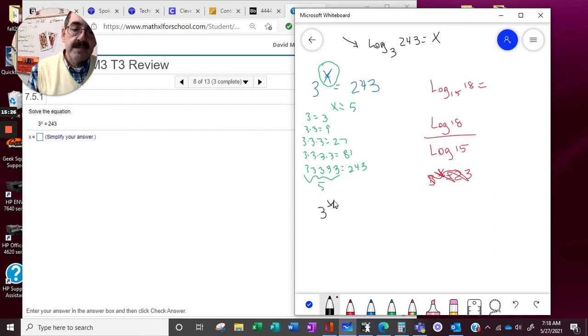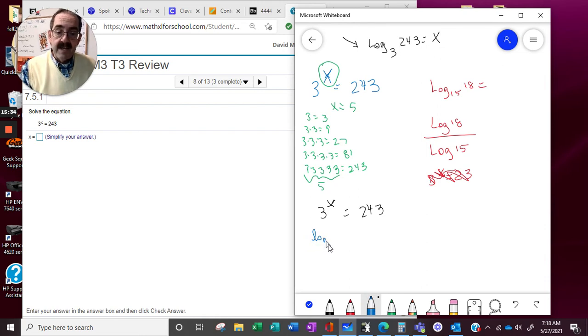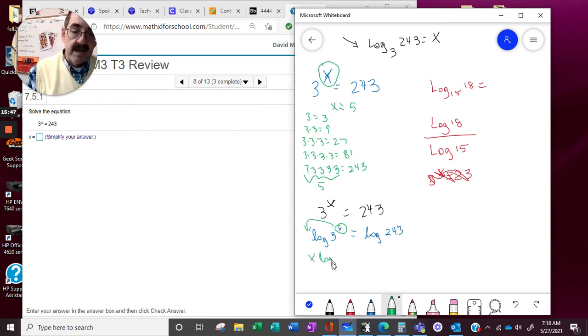3 to the x equals 243. A logarithm allows us to isolate the exponent. So take the log of both sides. By doing that, the exponent flies out. x log 3 equals log 243. Divide both sides by the log of 3.